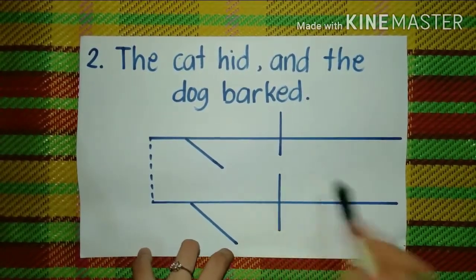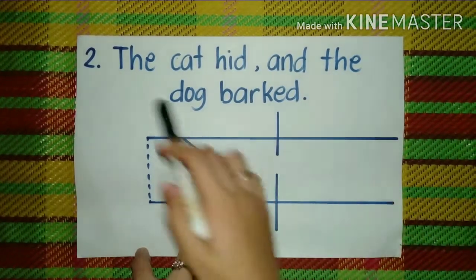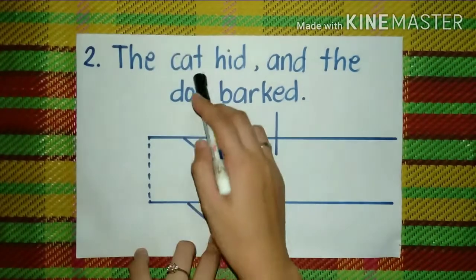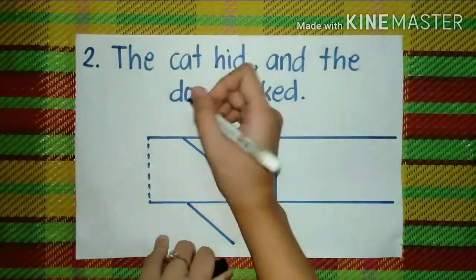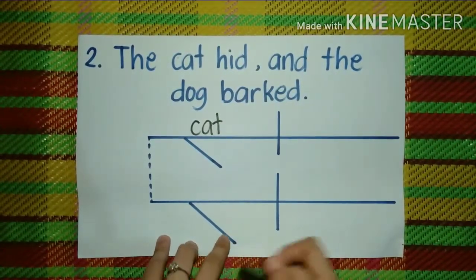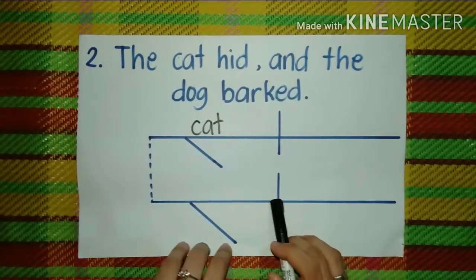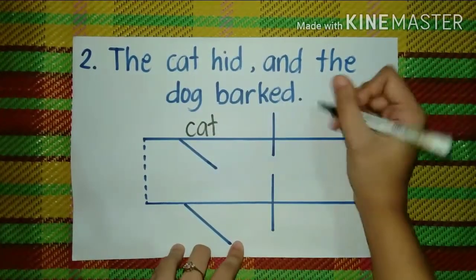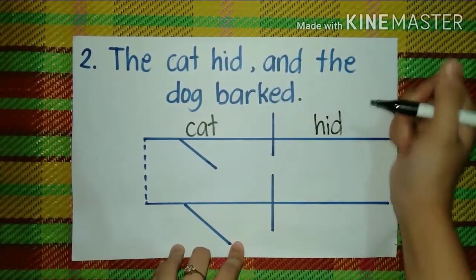Now, what is the subject in the first idea? The cat hid. We are talking about the cat. So the cat will be the subject. Next, what is the predicate or the verb in the sentence? Cat hid. So hid will be the predicate.